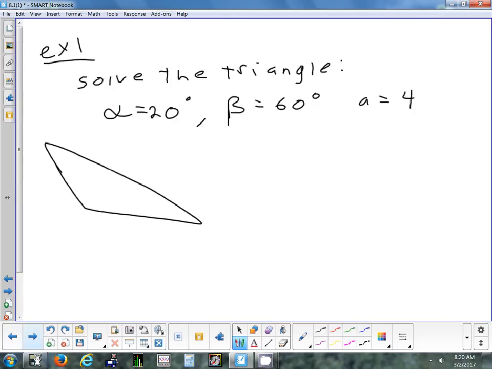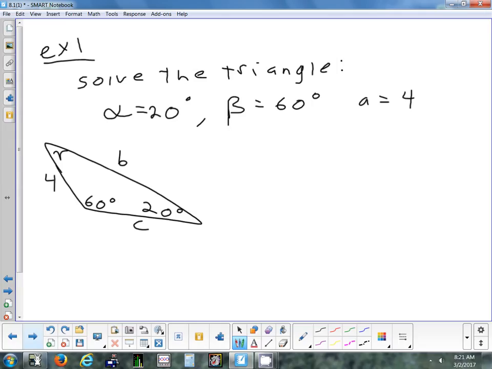Okay, so it doesn't matter how you do it. If I put alpha here, put A across from it. If I put beta here, put B across from it. And if I put, let's put gamma here, put C across from it.